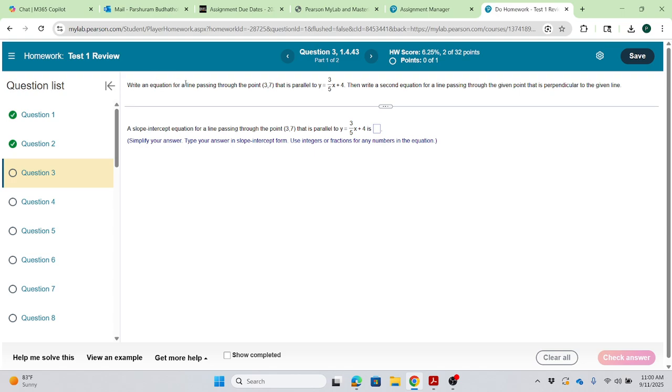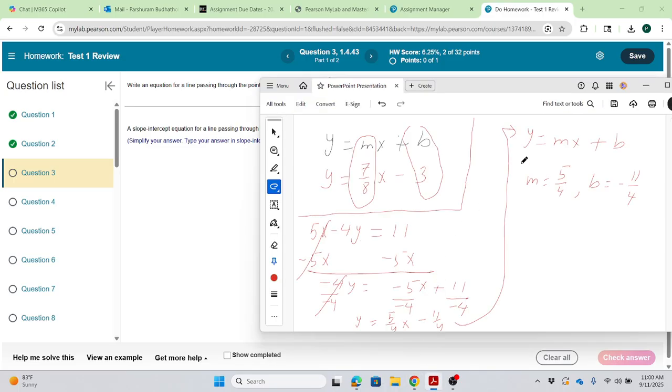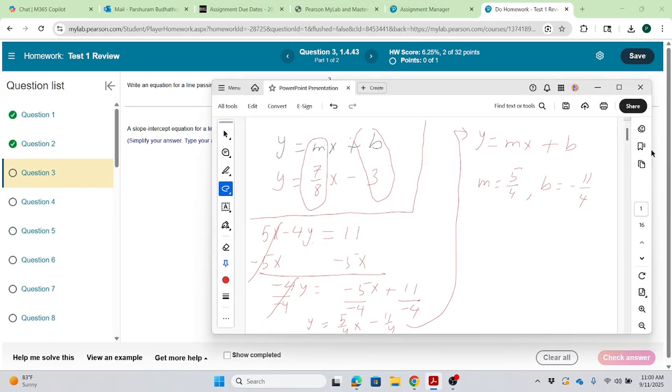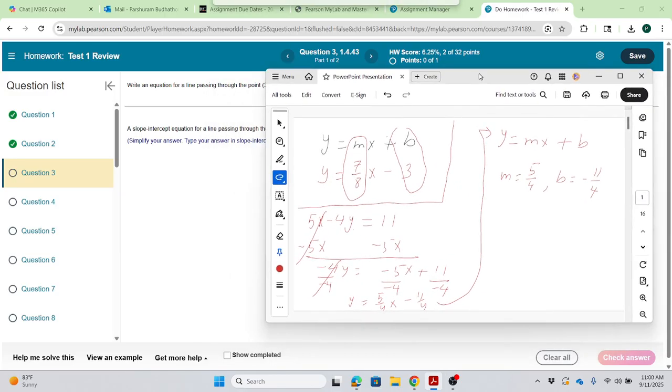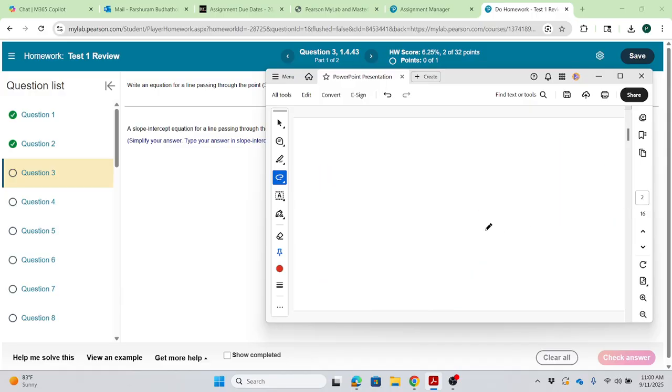Write an equation for a line passing through the point 3 comma 7 and that is parallel to this line. For the equation of a line passing through one point, there is a formula you can apply.